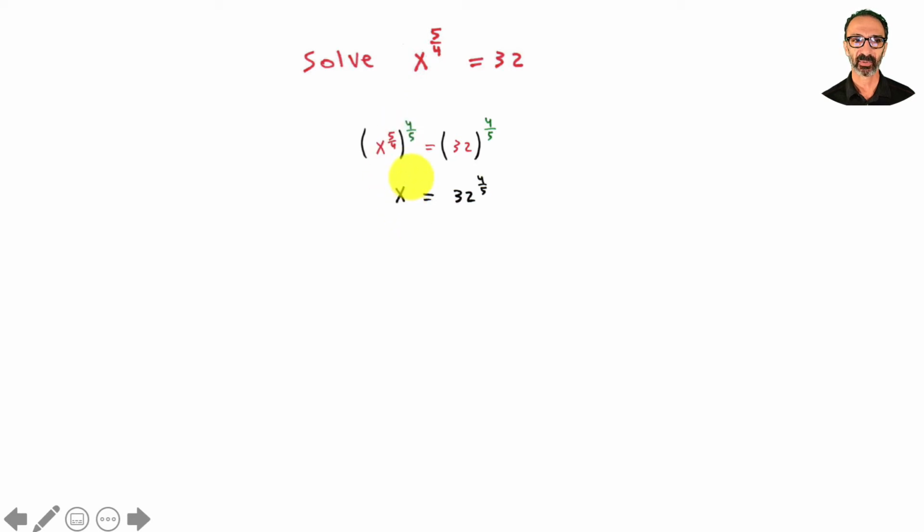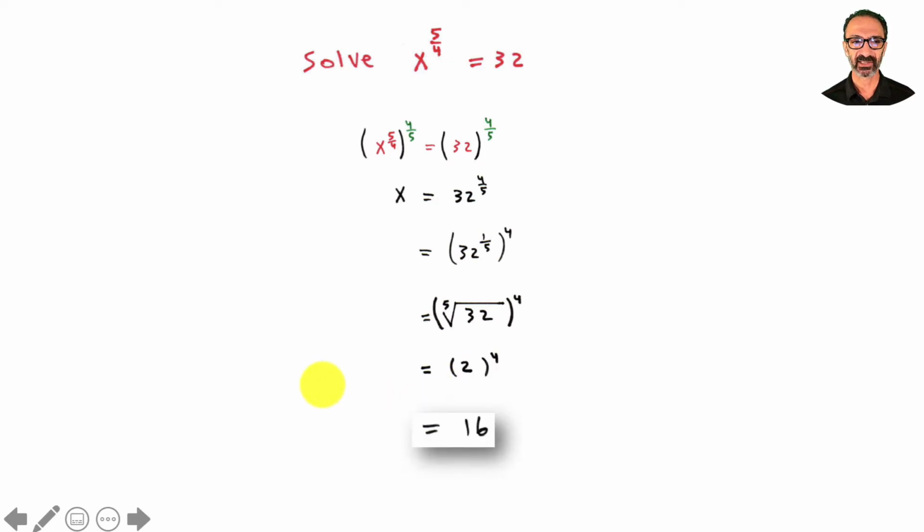This is x to the power 1 equals 32 to the power 4/5. Now we want to break this down into two pieces, 1/5 and 4. We'll take the 1/5 inside, because the 5th root of 32, that's what it means, is actually 2. 2 to the power 4 is 16, and that should do it.